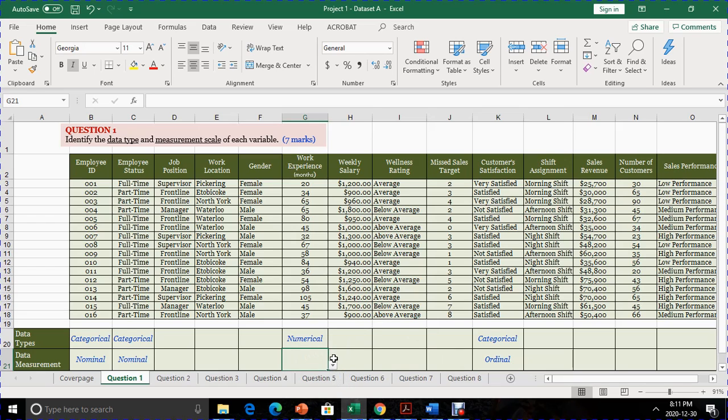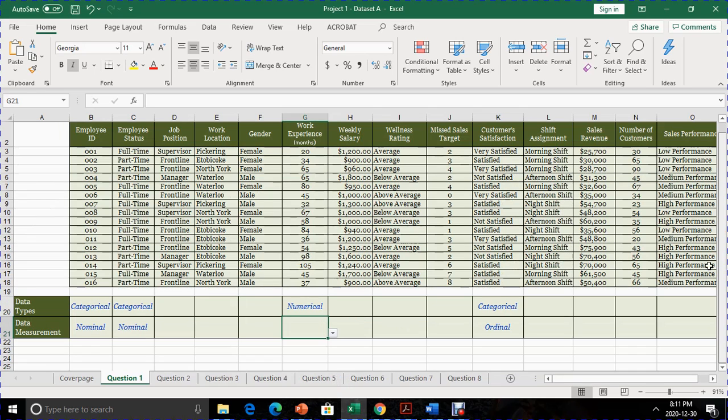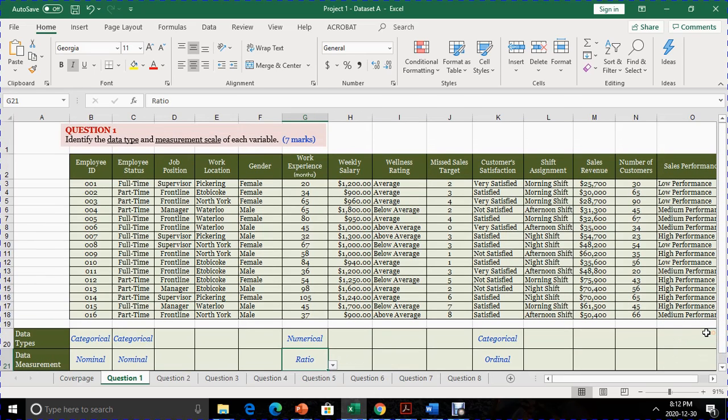And then when it comes to numerical data, in this case we have work experience. There are 2 options for that. Anything which is numerical can take on a measurement scale, be it interval or ratio. In this case, we're going to have it as a ratio scale, and it's a ratio because we can establish ratio in terms of finding how many times one value is more than the other, in that we can say a person is twice or 4 times more experienced than a second person.